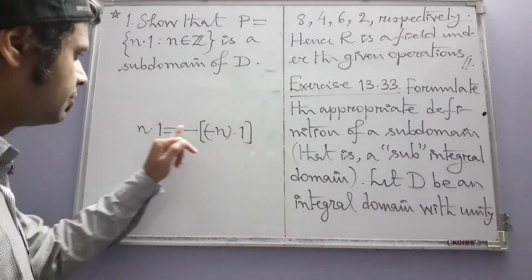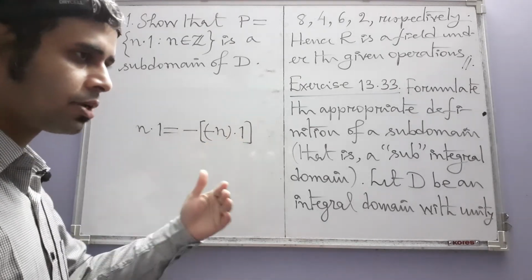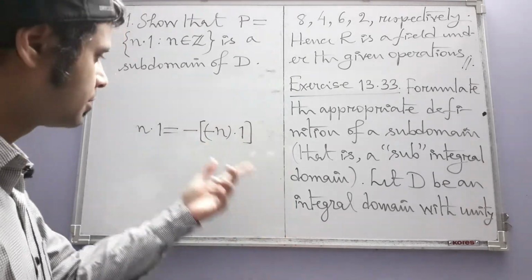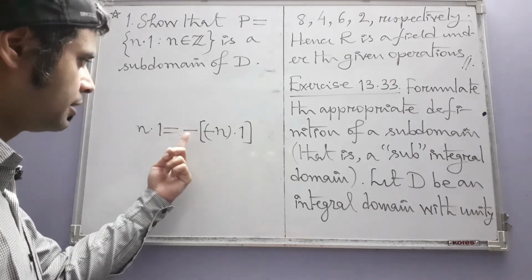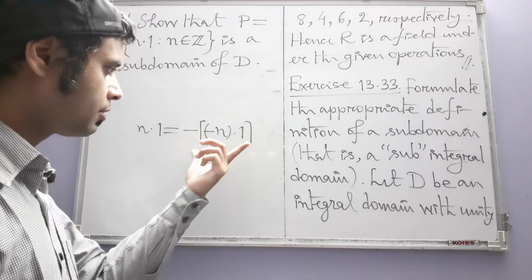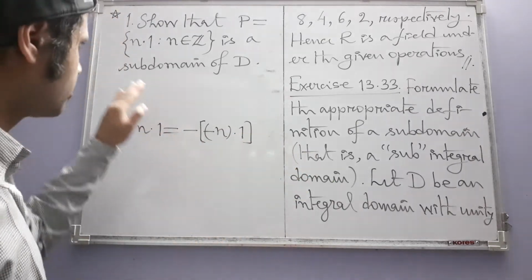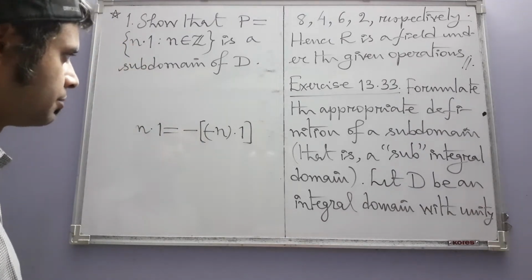Because n is negative, minus n is positive, and minus n dot 1 means 1 plus 1 plus 1, minus n times, and this minus indicates the fact that we are taking the additive inverse of that sum as an element in the ring. So that's the meaning of n dot 1.